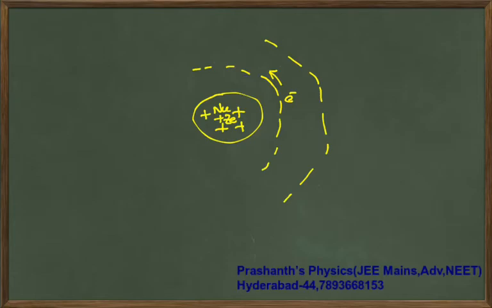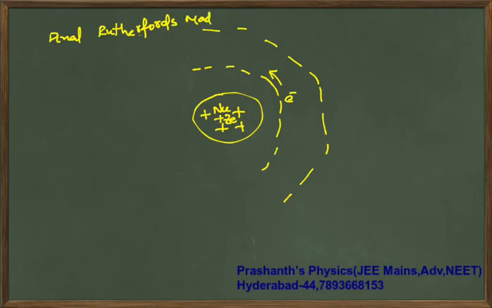This is Rutherford's final model. Dalton told that the atom is indivisible, but that is not true, because in all nuclear reactions the nucleus will split and produce another nucleus. Stable atoms will not split, or else there is a possibility. So the final Rutherford's model is this.